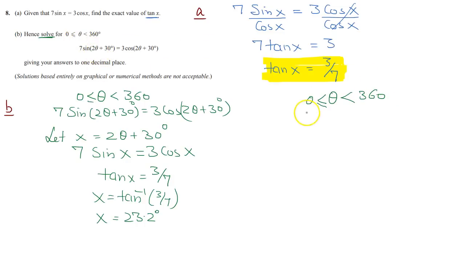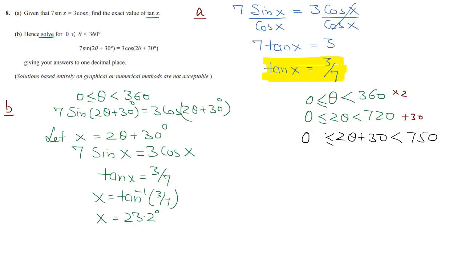Instead of theta we have 2 theta, so we multiply all by 2: 0 to 720. Now we are adding 30 to it. So the condition becomes 0 is less than or equal to 2 theta plus 30, which is less than 750. This is the new condition we are having.